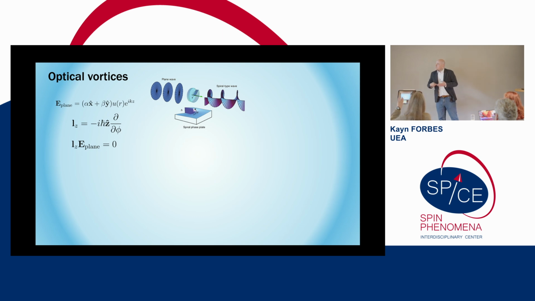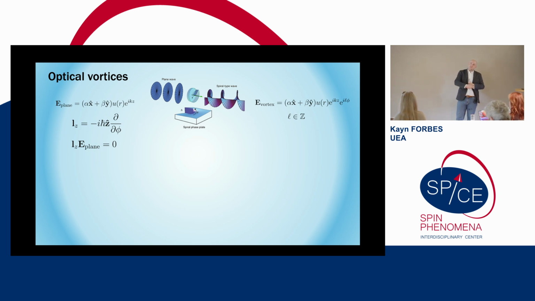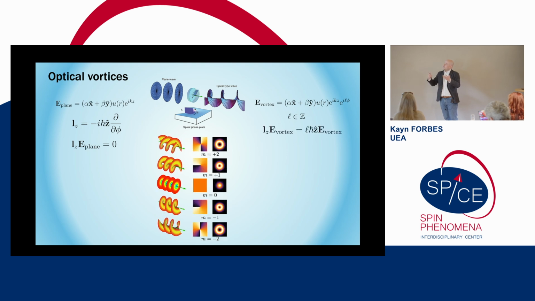Simple. Send it through something like a spiral phase plate, and you'll give it a helical phase, which you describe by e^(i l phi). l we call the topological index, and it ranges from minus infinity to plus infinity in integer values. If we look at what happens when the operator acts on this electric field, we find it's an eigenfunction with an eigenvalue of l h bar in the Z direction per photon of OAM.